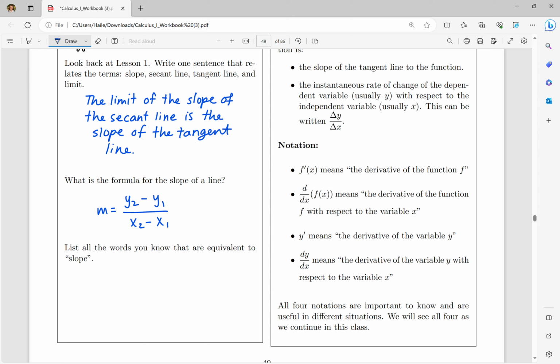So that's really been a big theme of this first unit, all the different ways that we represent slope. So we kind of had two different kinds. When we have 2 points, we had things like average rate of change or average velocity.